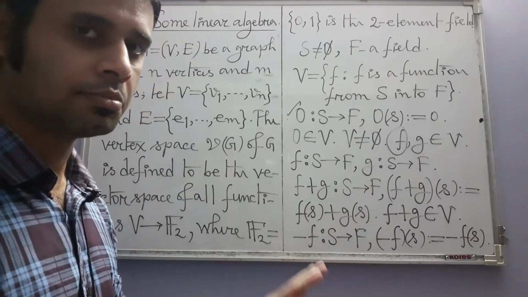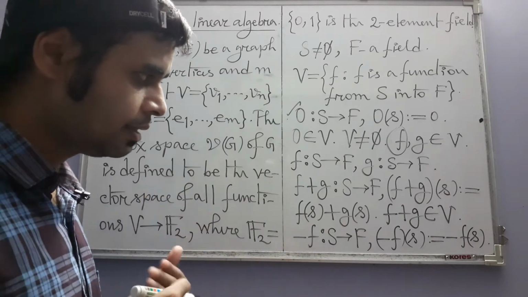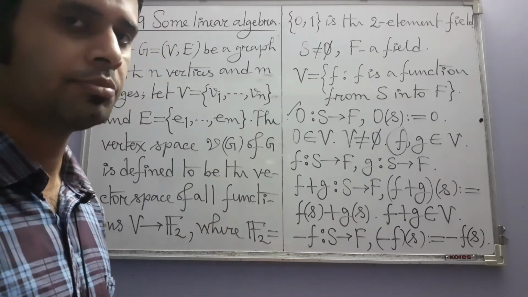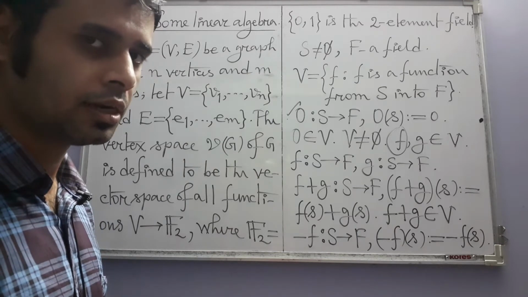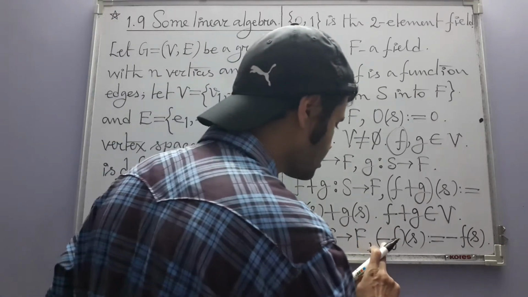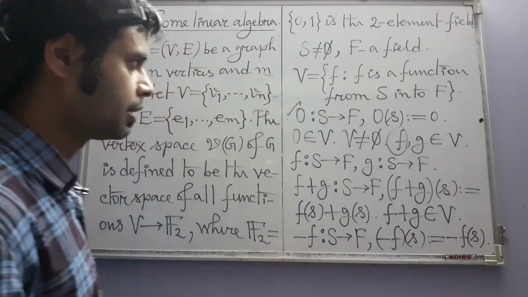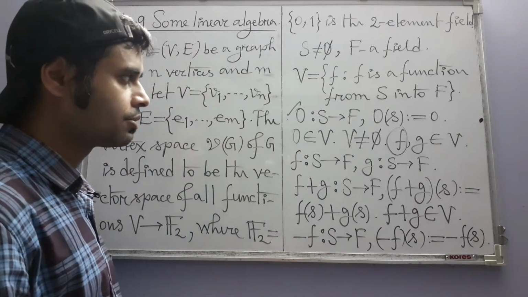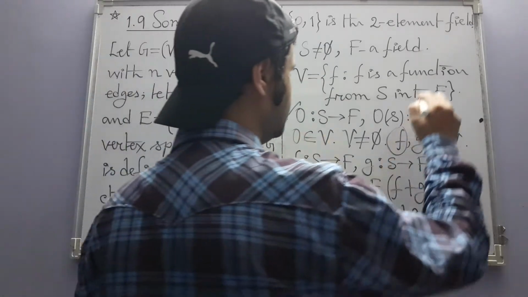Minus of f of s means the additive inverse of the field element f of s, which is again a unique element in the field. So this minus f is also a well-defined function, and it also belongs to your V.